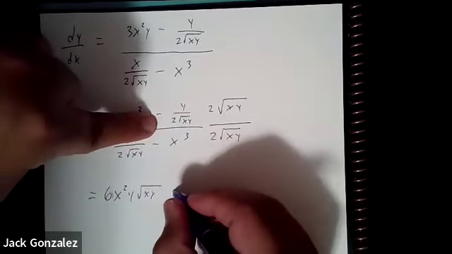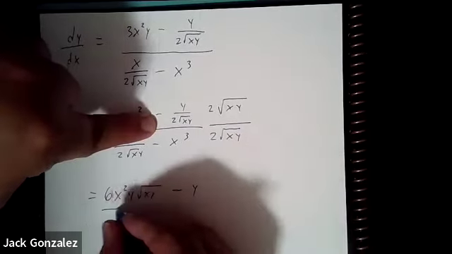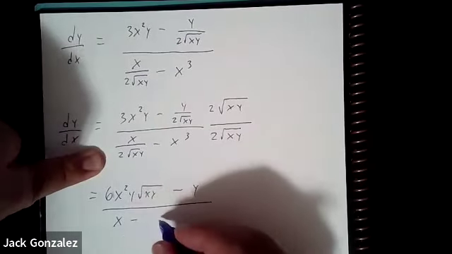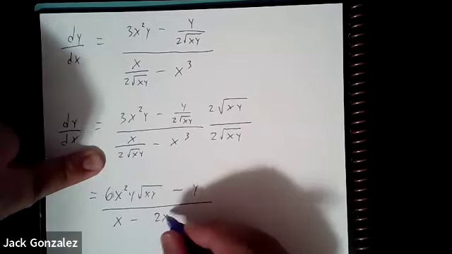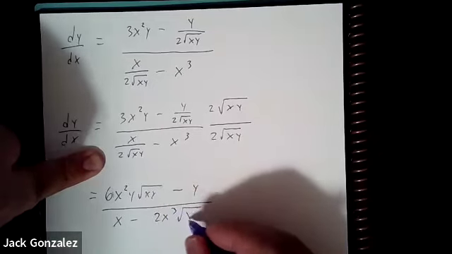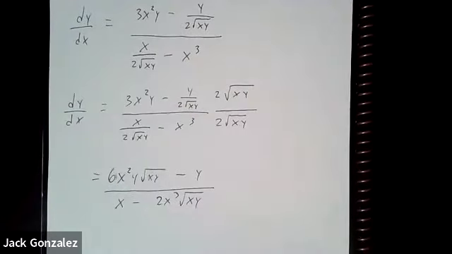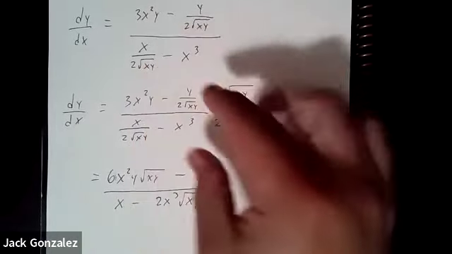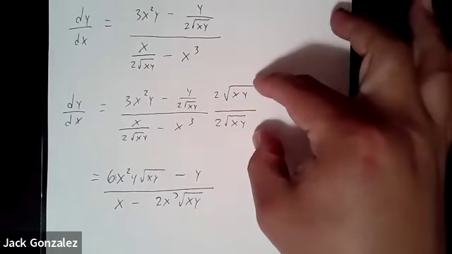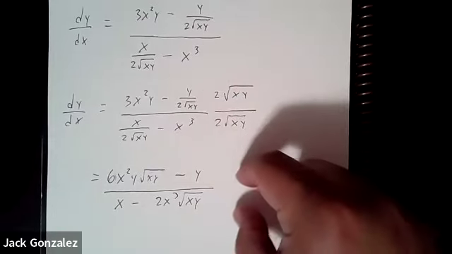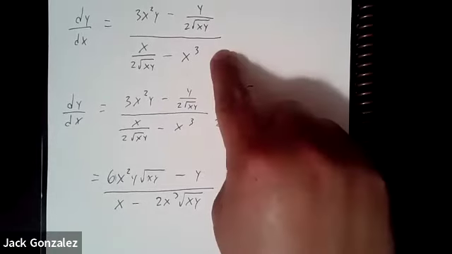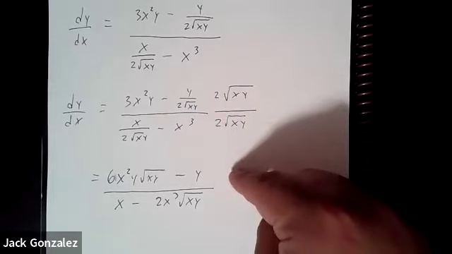These two would cancel, leaving me with a minus y over 2x cubed xy. Since we have a complex fraction, you can cancel all the fractions to make it into a regular fraction. I don't know if it'll take this, but this should be good.